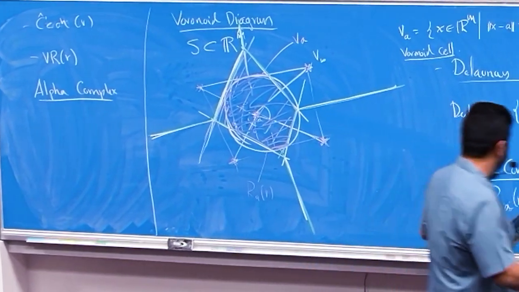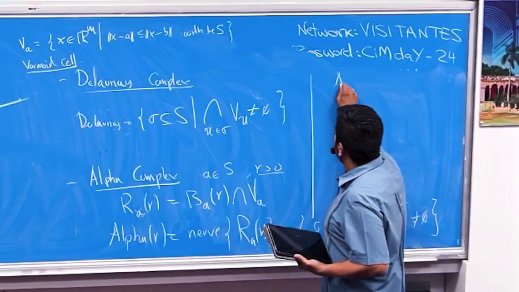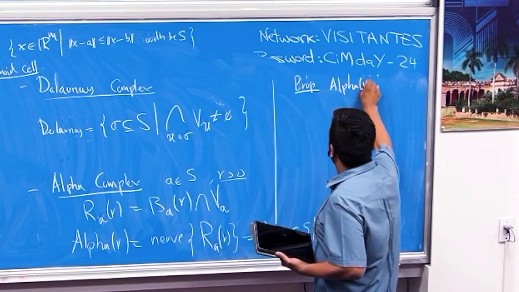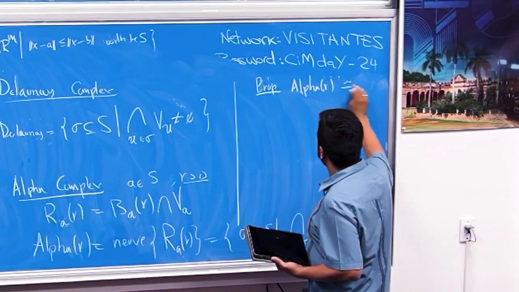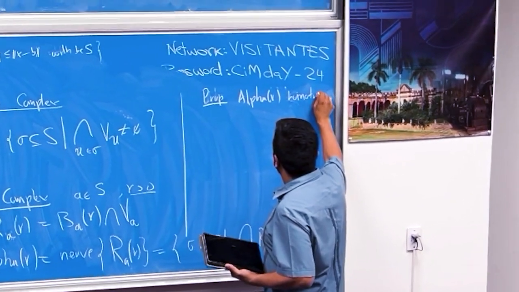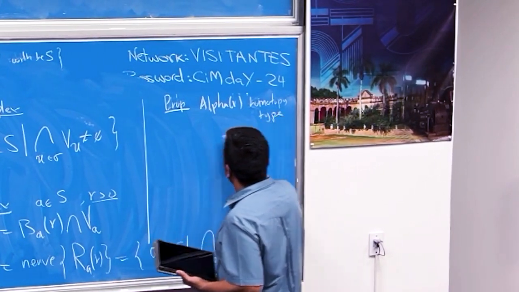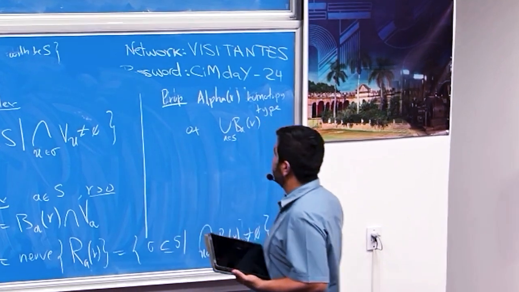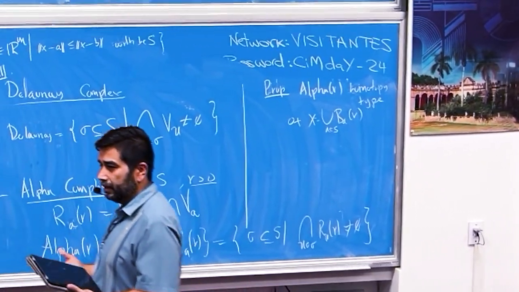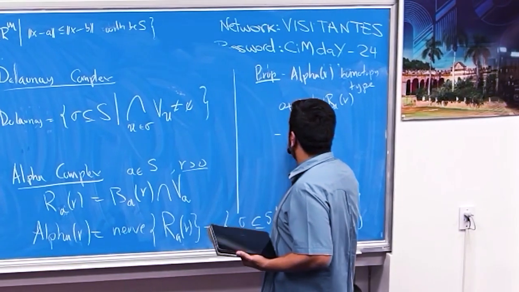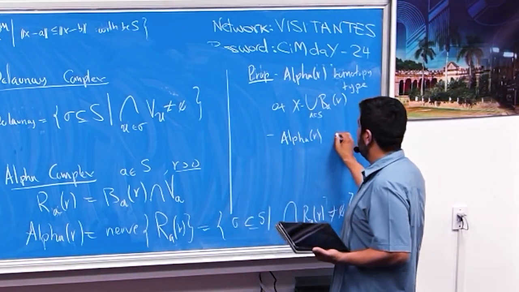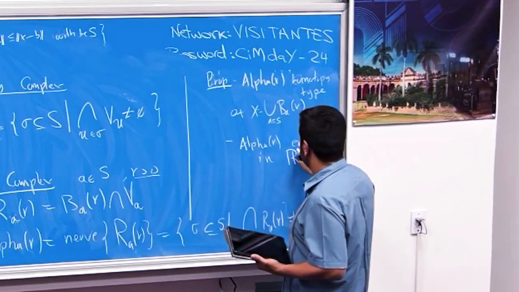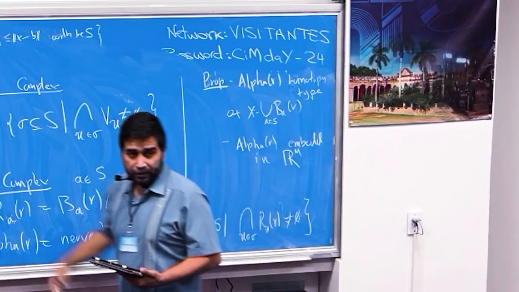And the nice property about alpha: one of the properties is that the alpha R has the same homotopy type as the union of the balls of X. So this one doesn't change the homotopy type, but also alpha R can be embedded in the same dimensional space R^m where the points live.